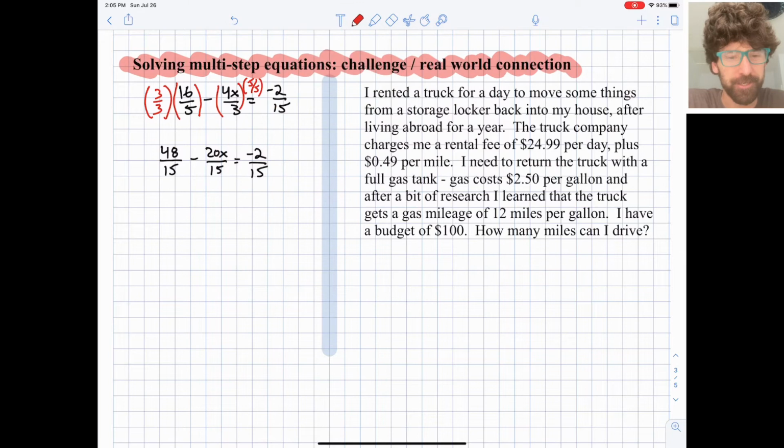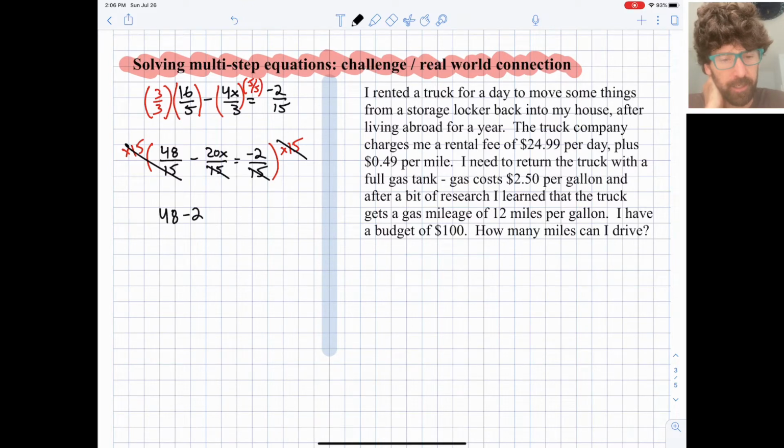What I want to show next is we could simplify the denominators, but why not just multiply everything through by 15 here? And that will wipe out all the denominators. Multiply everything through by 15, and we end up with 48 minus 20x equals negative 2. I'm going to go a little bit quicker here to solve this guy.